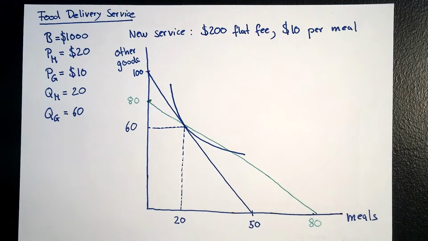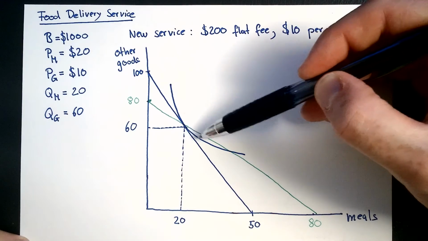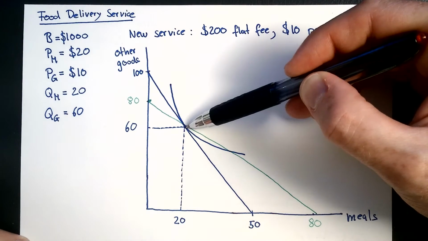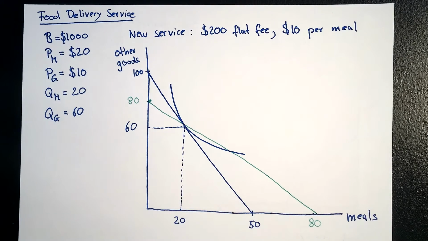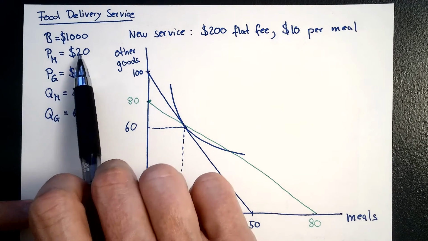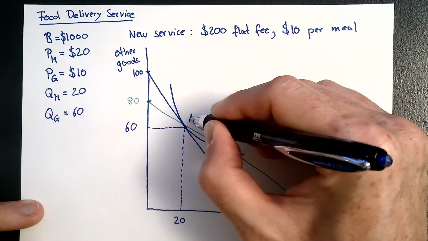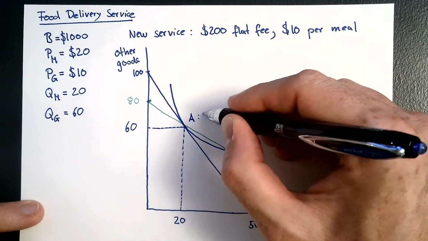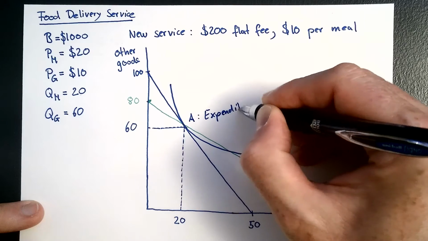Now compare the old budget constraint and the indifference curve, which is tangent to that old budget constraint right at this point here. Note that at this point, with the old budget constraint, we are spending 20 times $20 in meals. So at point A, our expenditure on meals is $400.